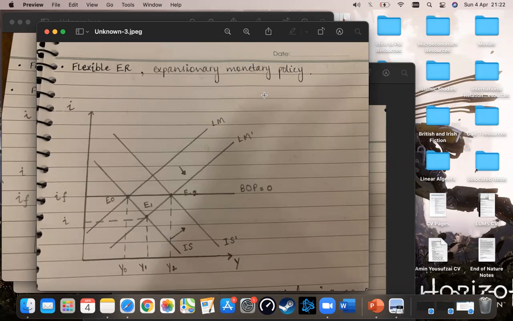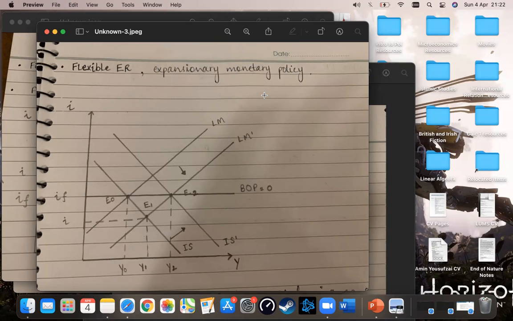A depreciation of the currency will cause export prices to decrease and import prices to increase, as a result of which our export revenue will increase and our import expenditures will decrease.